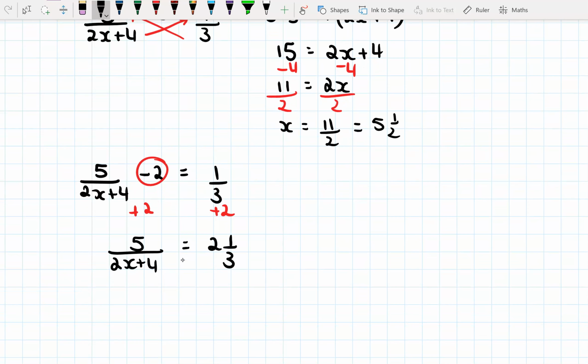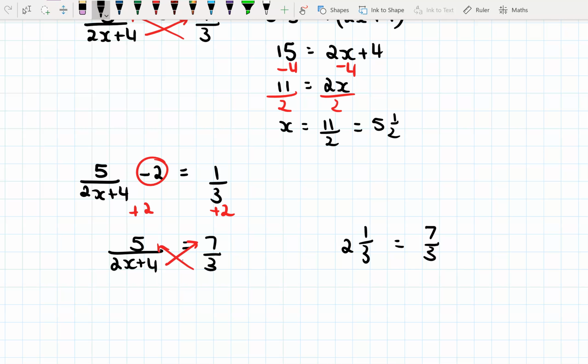Now 2 and 1/3, we know we can change it into an improper fraction. 2 and 1/3 is equal to 2 3s are 6, so 7 over 3. So I'm going to change this to 7 over 3. Then we can do our cross multiplying because we have a fraction equal to another fraction.